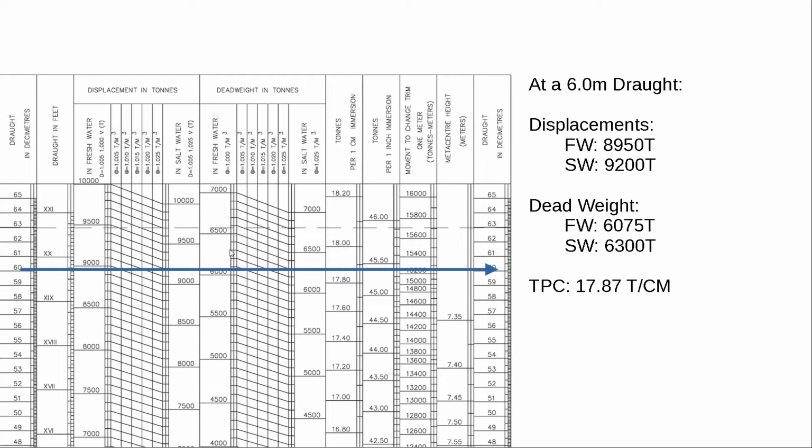Our deadweight for this vessel, in fresh water, 6,075 tons. In salt water, 6,300 tons. Our tons per centimeter immersion, roughly 17.87 tons per centimeter. So you can see it's quite a simple scale to use. It's a matter of drawing a fine line across it. If you had any of these values, you could work your way across the scale to find the other unknowns.